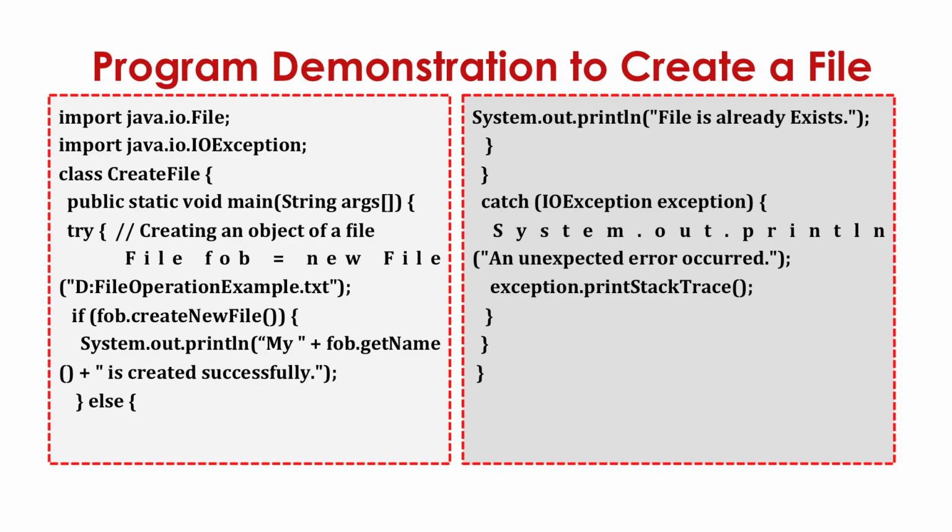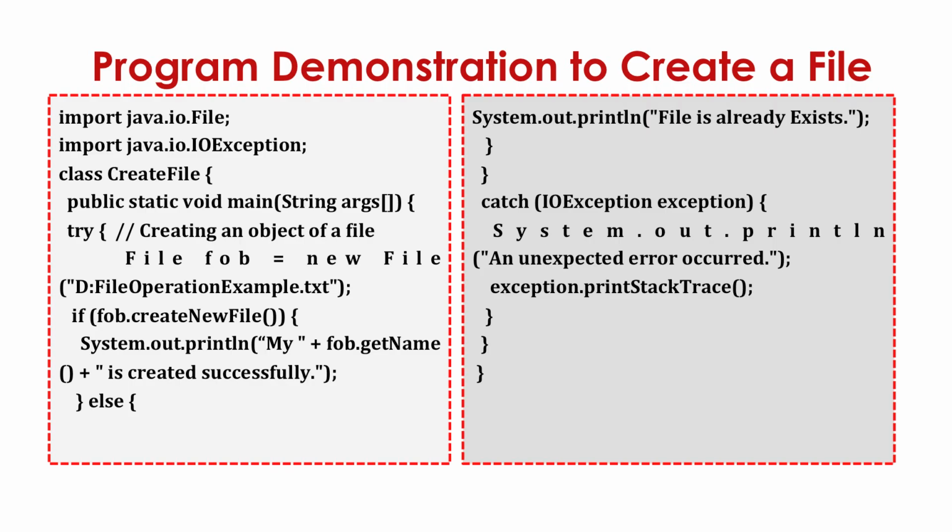If the file isn't created or some unexpected error comes, with the help of this catch block we can catch it, and at the end printStackTrace can display the error message. So that was the demonstration of creating a file, a complete or we can say a professional demonstration. We have maintained the error handling mechanism using try and catch.